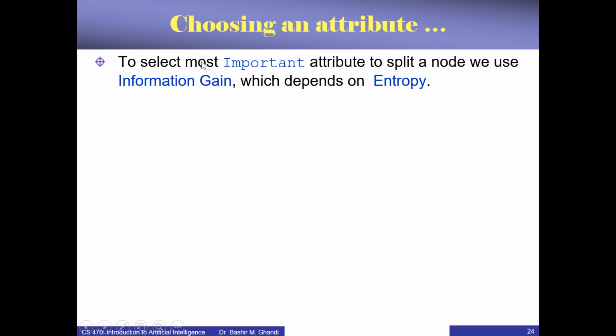To compute information gain, we need to first compute another quantity called entropy. These are the two terms we are going to learn first before we can know how to choose this important attribute. All right, so we're going to start with entropy. What does it actually mean?